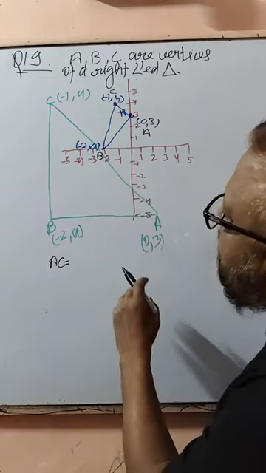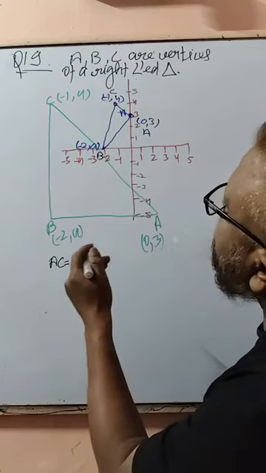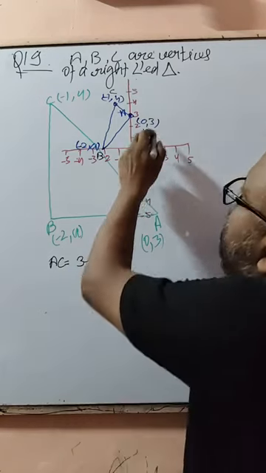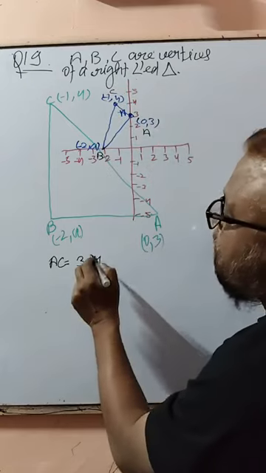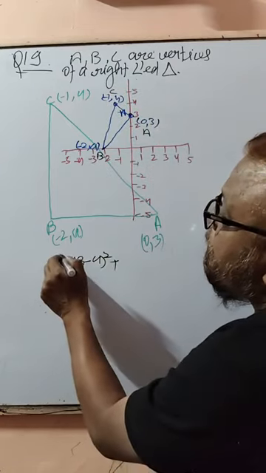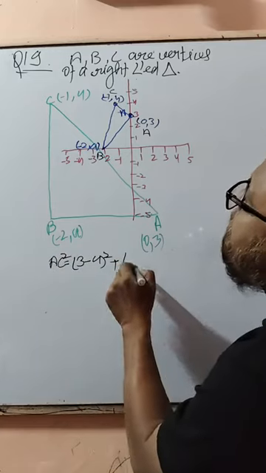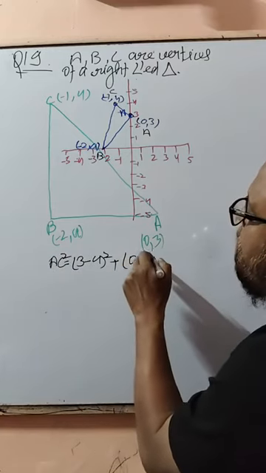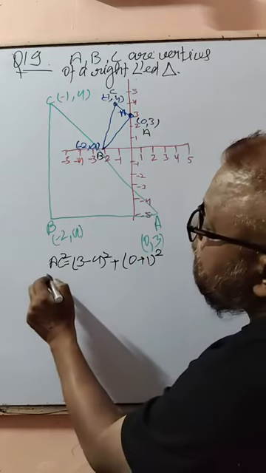If we take AC, we take A first, so 3 minus 4 whole square plus 0 plus 1 whole square.